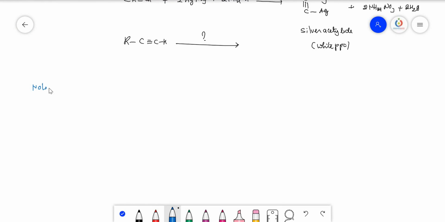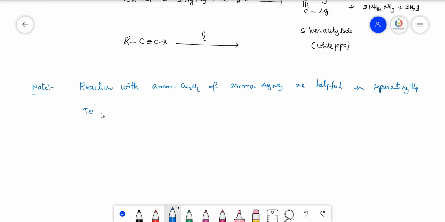Note: both of these reactions, means the reaction with ammoniacal Cu2Cl2 and ammoniacal AgNO3, are helpful in separating terminal alkynes from internal alkynes as well as alkenes as well as alkanes.